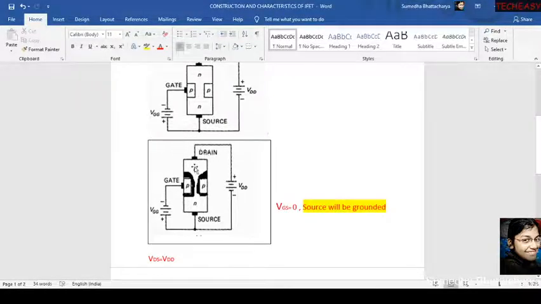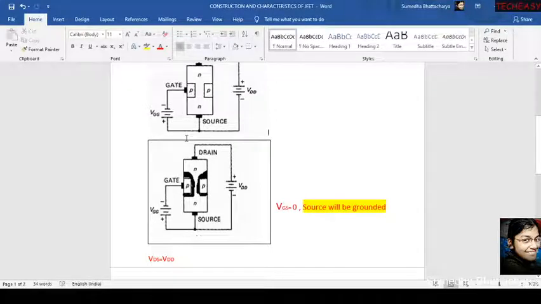Like if it is 8 volts, then here you can consider it as 6 volts, 4 volts, 3 volts, or like that. Here will be 0 volts. Now, there is the higher potential region, and in the case of the gate, there is a lower potential region, because you can see that the gate and source are connected and the source is grounded here. We have said that the source is grounded here.